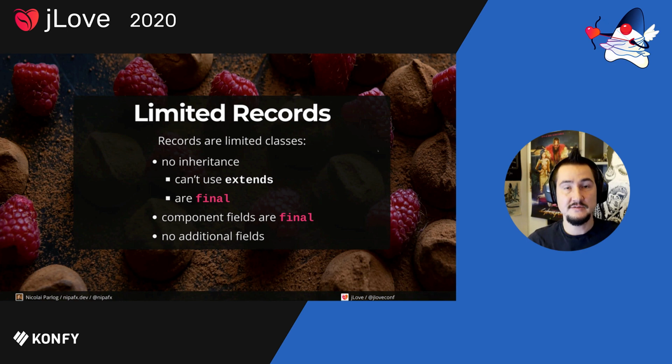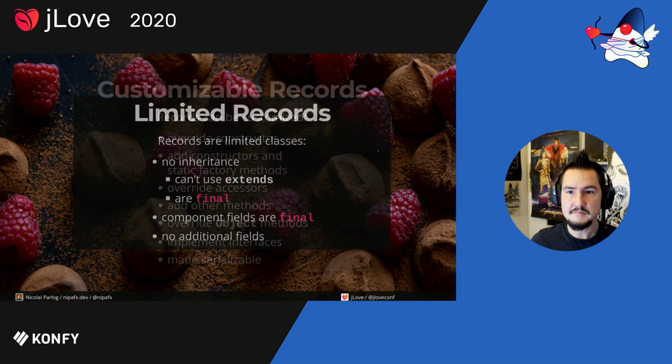If your component is something immutable, like an int or a string, then the record becomes effectively immutable. And you cannot have additional fields. You cannot have two fields up there in the record declaration and then add additional fields, because then they would not be part of the API, right? And then you would break that deal about records. So these are the limitations: no inheritance, final component fields, and no additional fields.